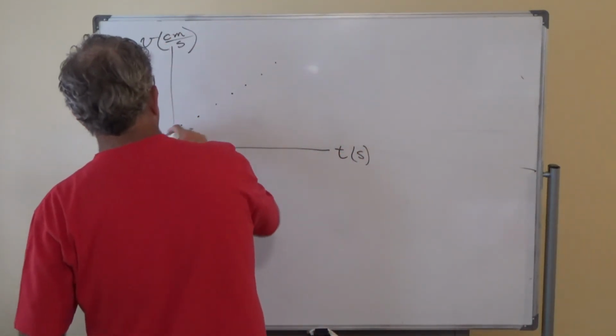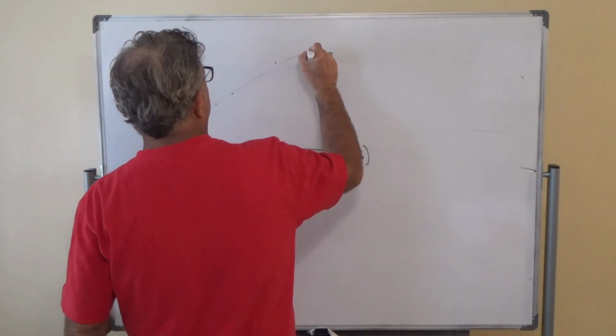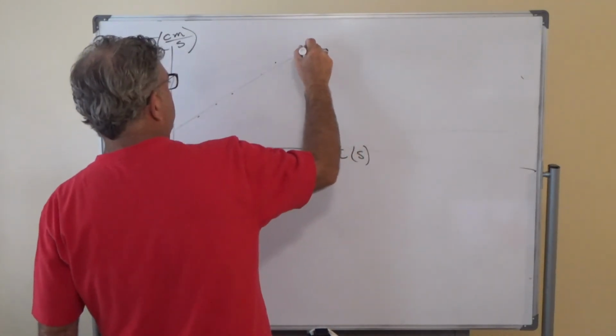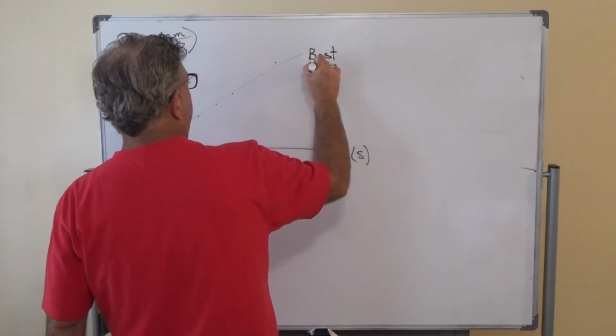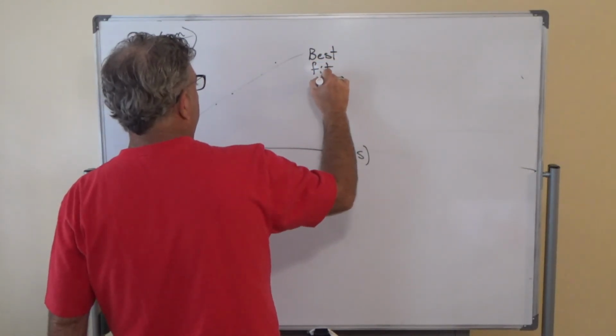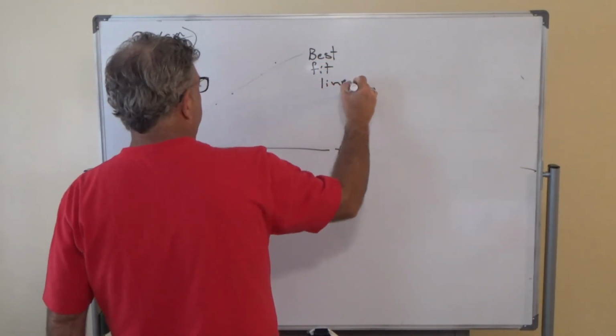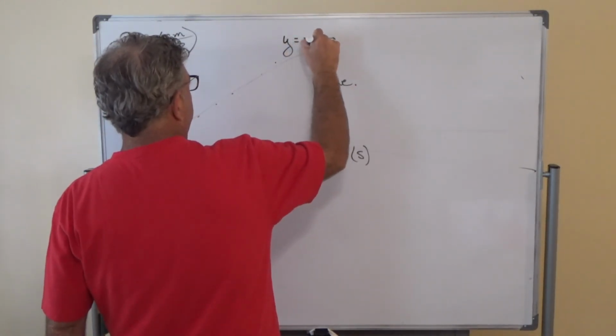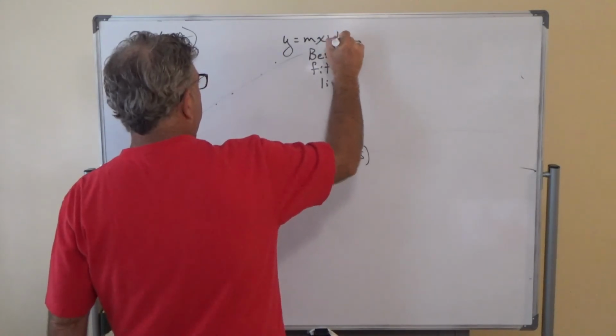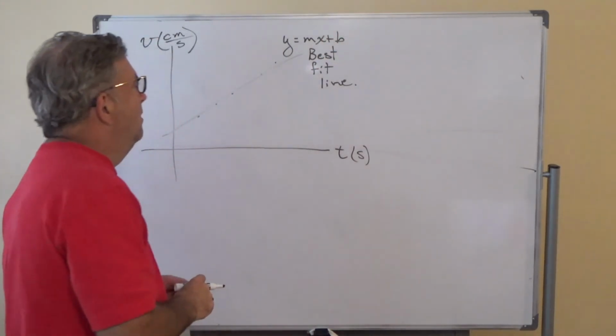I mean, all of this should be in the procedure, but I know it's confusing to read sometimes. Best fit line and display equation. So y equals mx plus b. Okay.